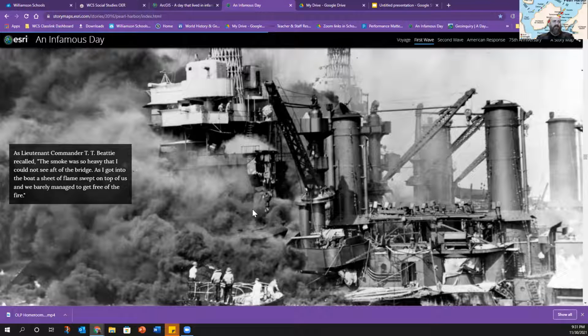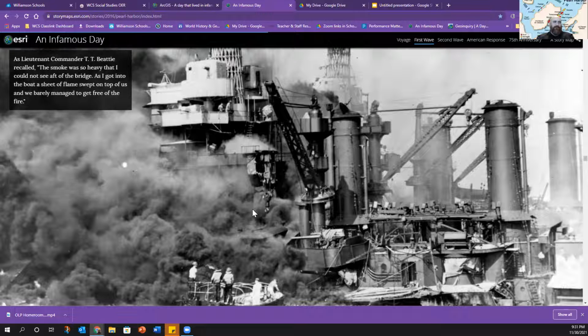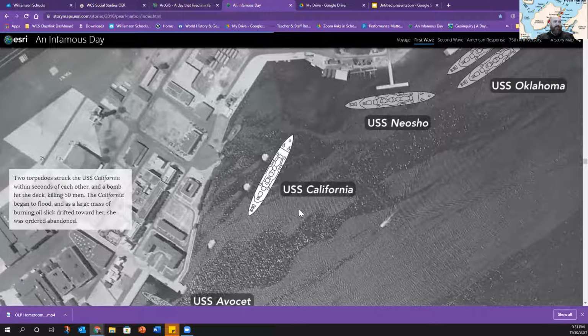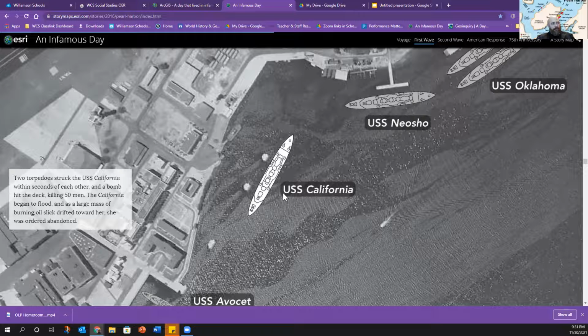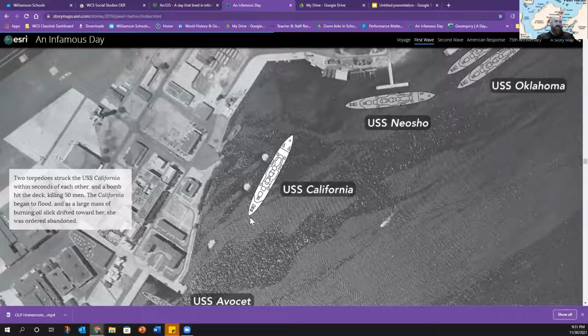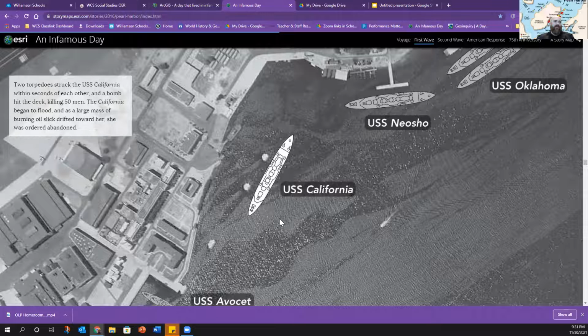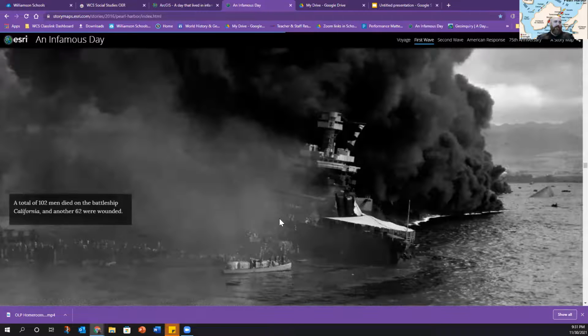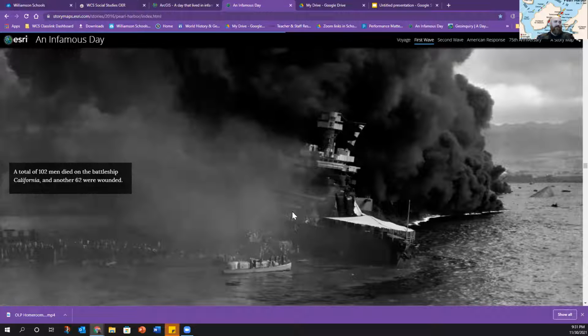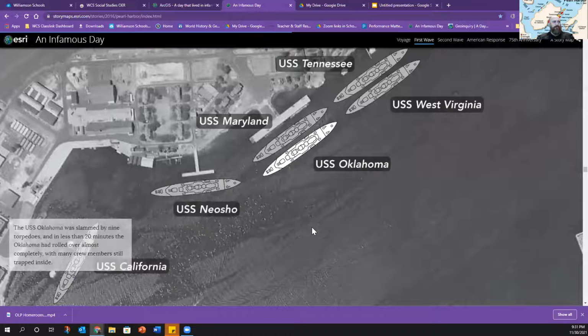That smoke is ridiculously thick. 2 torpedoes strike California. A bomb hits the deck, it begins to flood, and then you get an oil slick as the oil and gasoline starts to leak out of the ship. 102 men died just on the California alone.